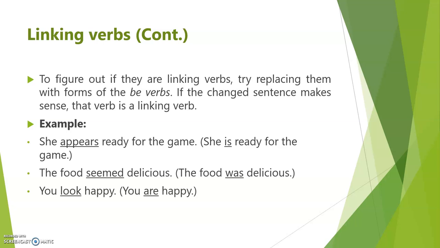So we could say that seemed is a linking verb. You look happy. You are happy. The same thing happens here also. Look is replaced by are. The sentences have the same meaning, and hence look could be considered as a linking verb.